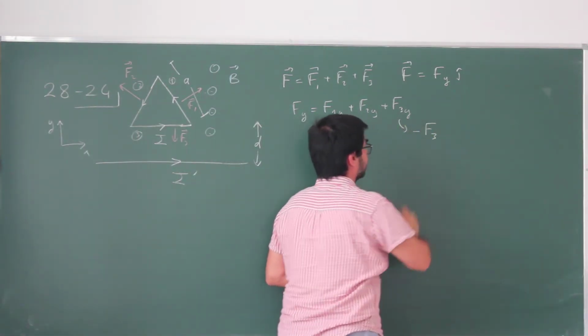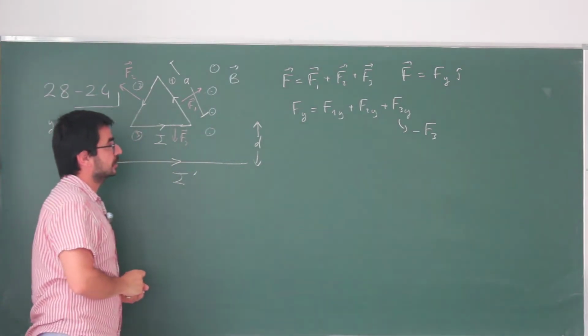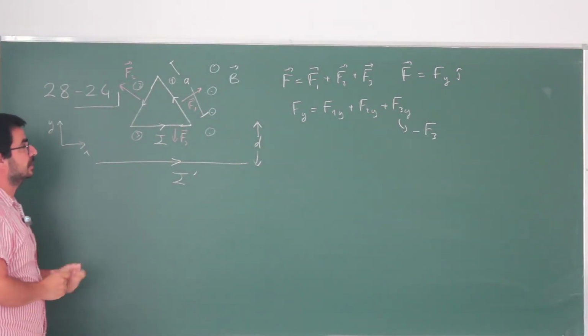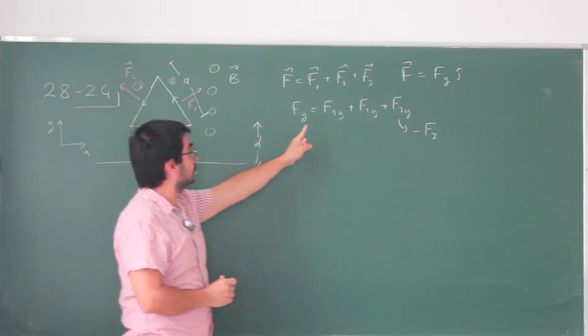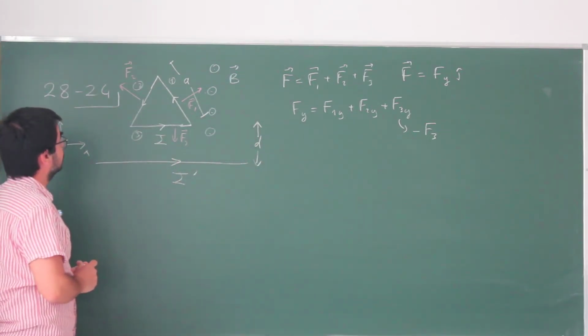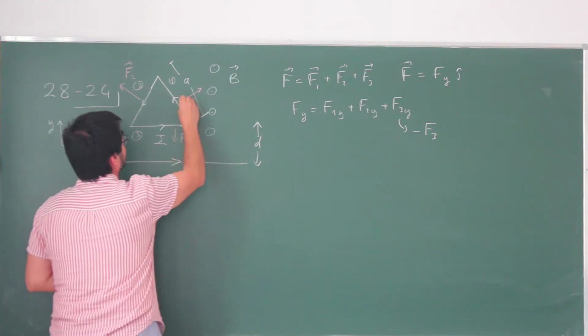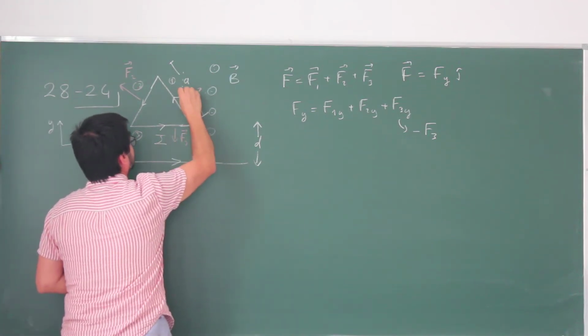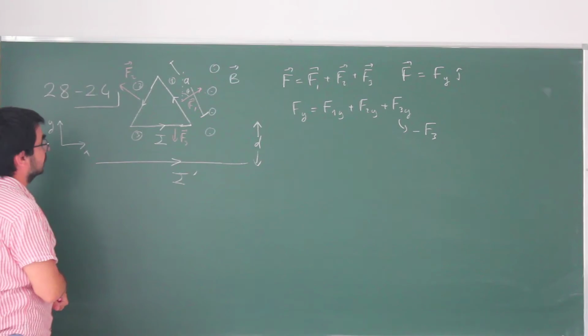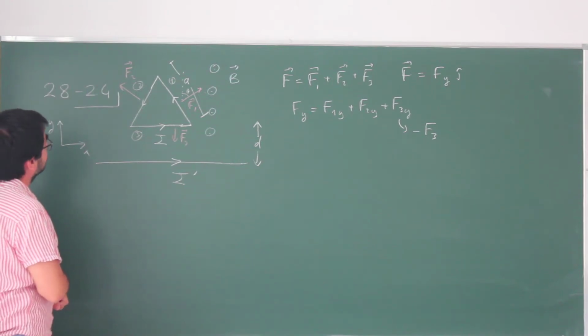Okay? This F3 is the magnitude of the third force, so that's always positive, but it's in the negative y direction from my choice of coordinate system here, so that's negative F3. These two are going to be equal to each other. Their y component is going to be equal to each other, and if I calculate the angle, so I'm looking at this angle over here, it is going to be cosine of that angle times the magnitude of this.